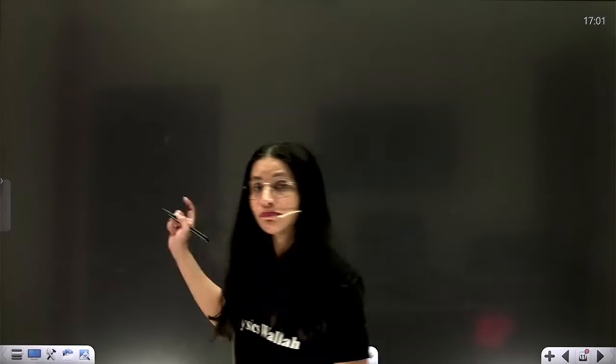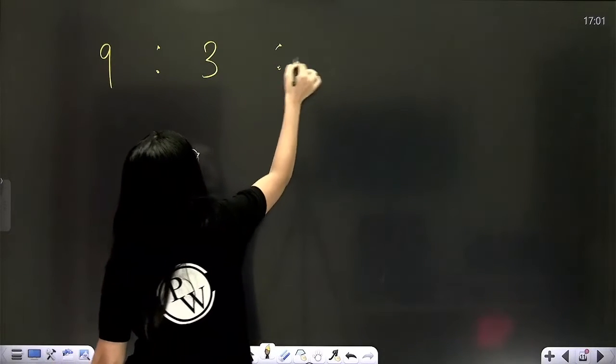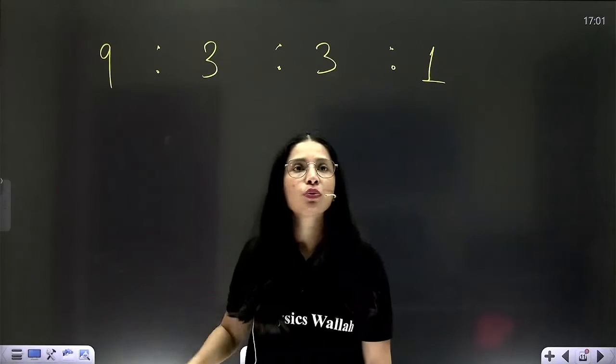Beta, this is Bateson's expected ratio for complementary gene interaction, 9:3:3:1.